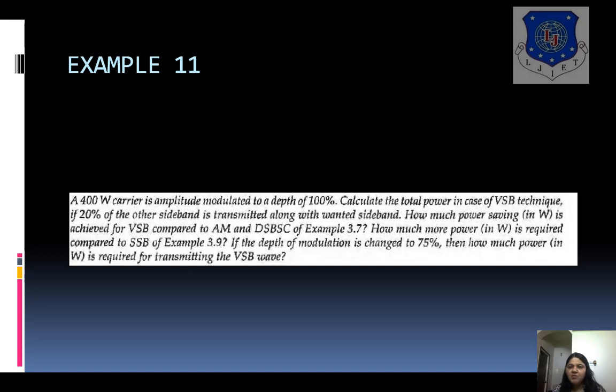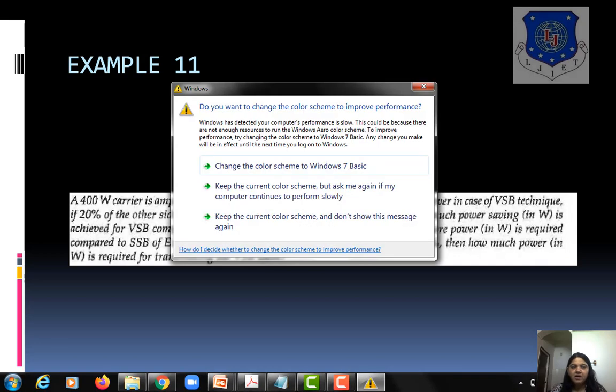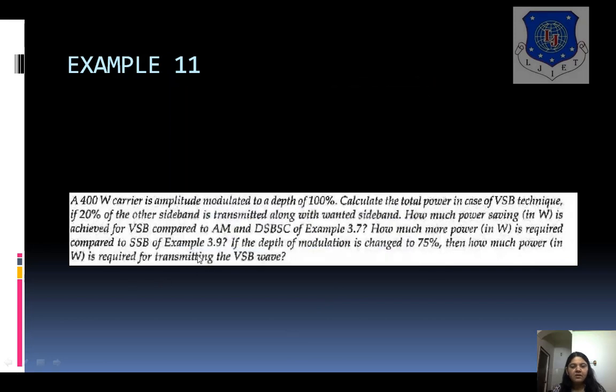How much power is required compared to SSB if the depth of modulation is changed to 75%? How much power is required for transmitting the VSB wave?